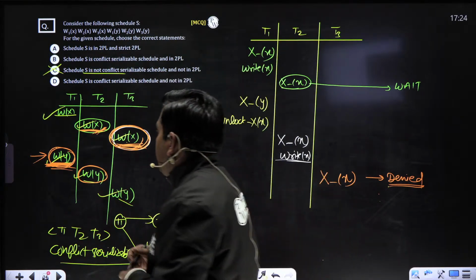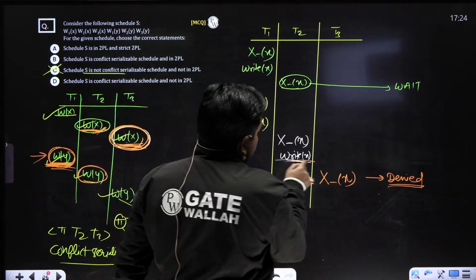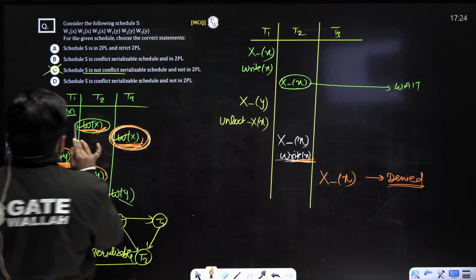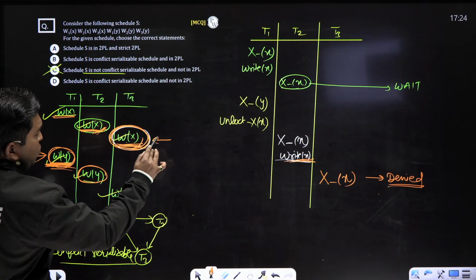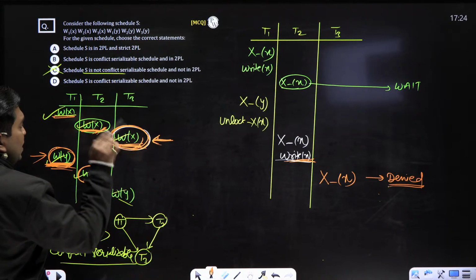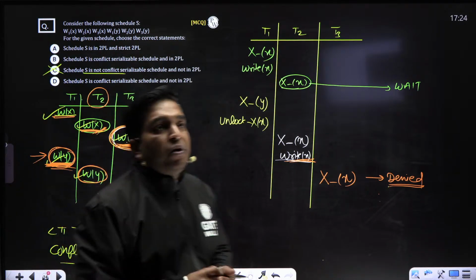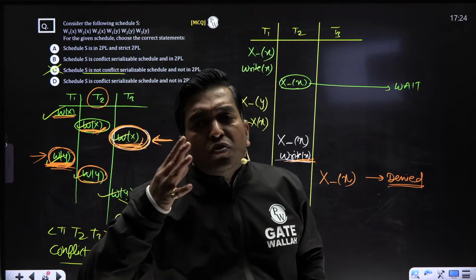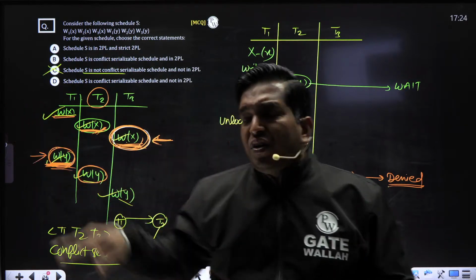Listen carefully. Till here each and everything is okay, we maintain the order. Now it requires a lock on X. Right now lock on X is held by T2. Why will T2 not give? Because T2 समझिएगा बच्चों, T2 has not completed its growing phase.